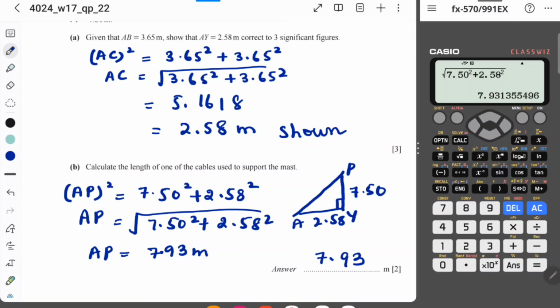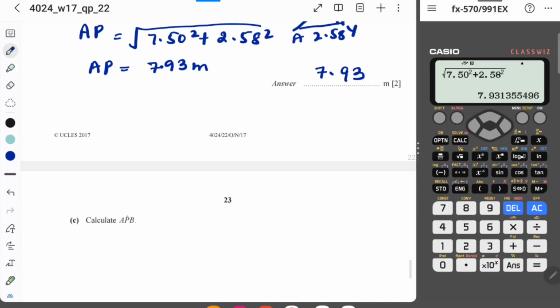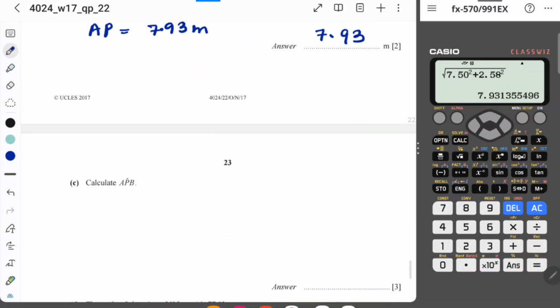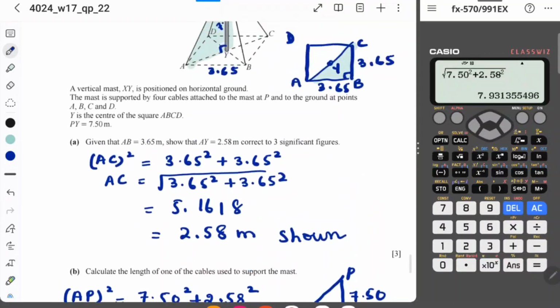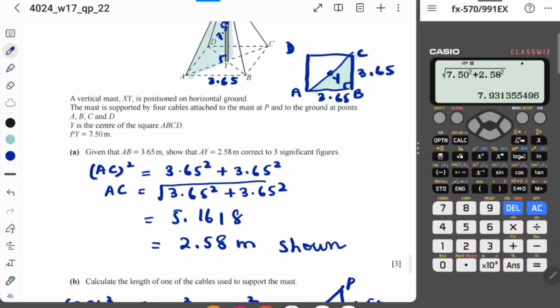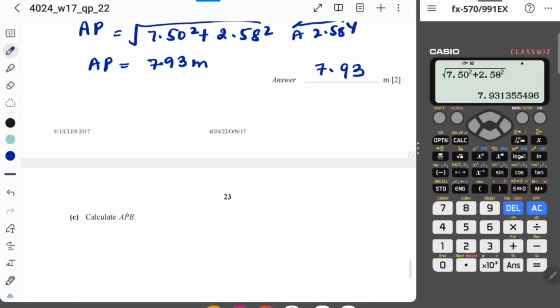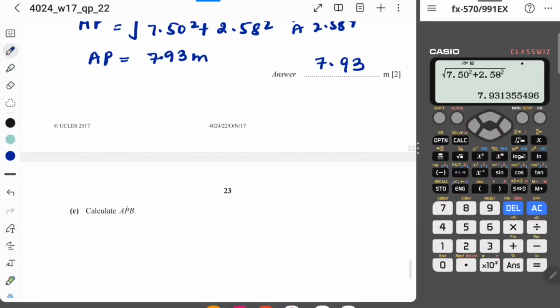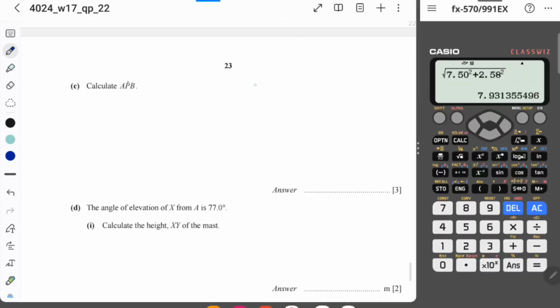Now move to the next part, which is to calculate the angle APB. APB, this angle is required. I'm drawing the diagram again here, then you will understand.